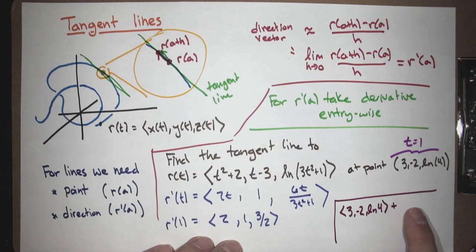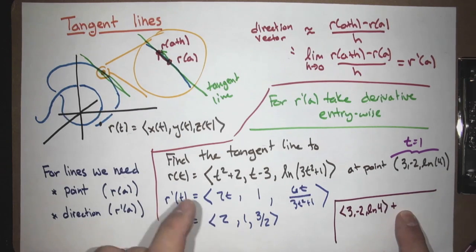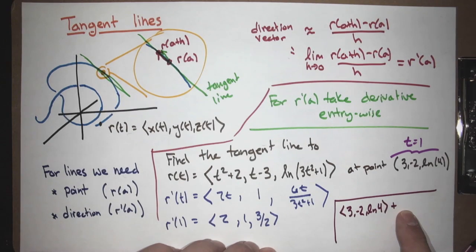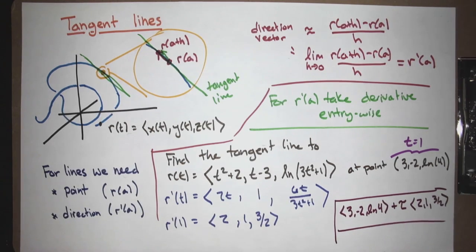This can be a little bit misleading because if I write t here, it's not really the same t as there. Can I use a different symbol? How about tau? For all those Greek fans out there, this is a small tau, not to be confused with the capital tau. Tau times (2, 1, 3/2). And there's the line in vector form.